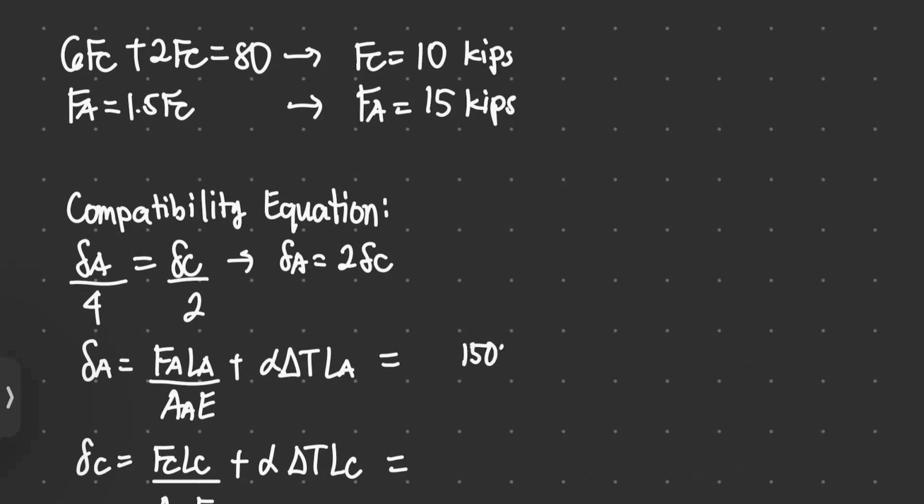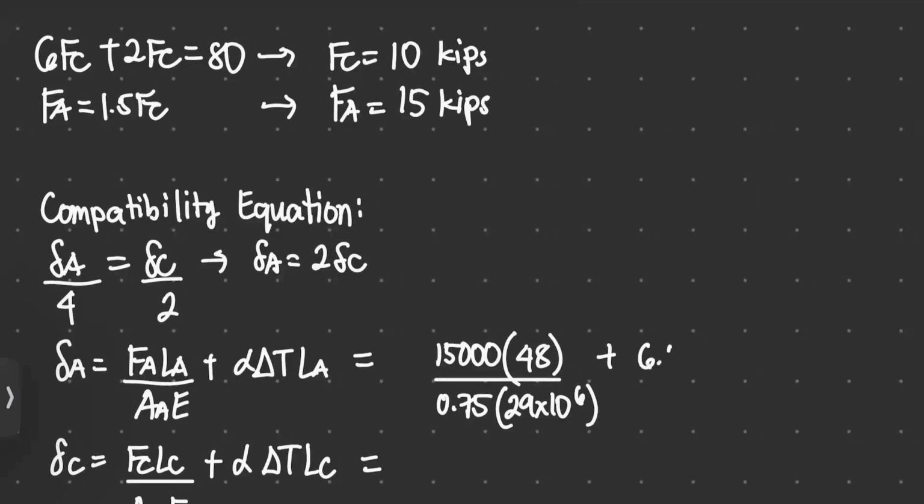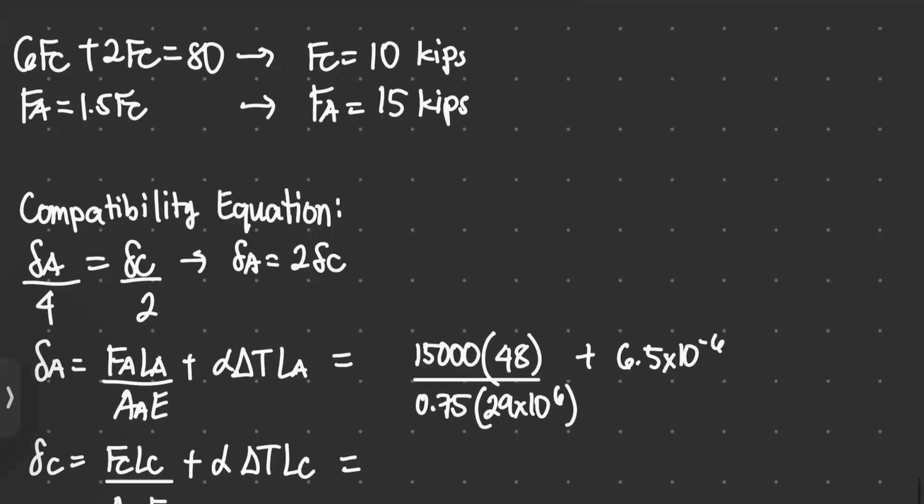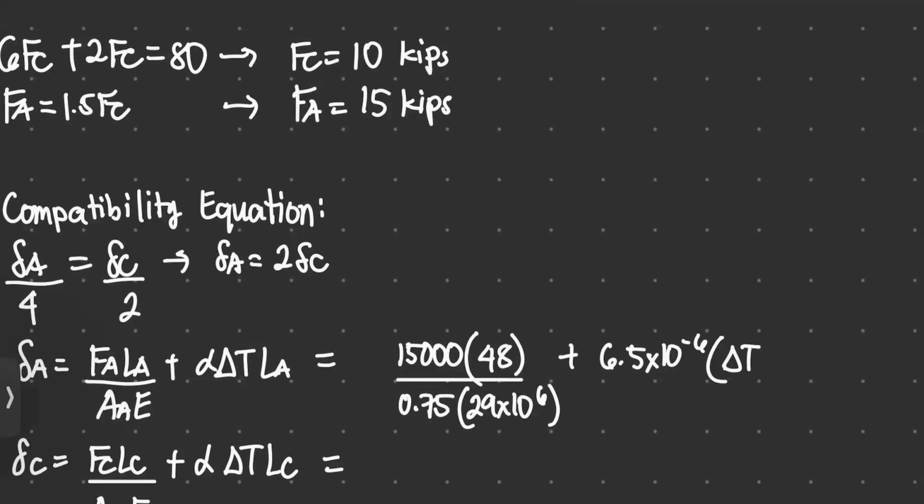So 15,000 times our length, which must be in inches. So 4 times 12 is 48, over the cross-sectional area being 0.75 times 29 times 10 to the 6, plus alpha is 6.5 times 10 to the negative 6 change in temperature times our length, which is again 48.